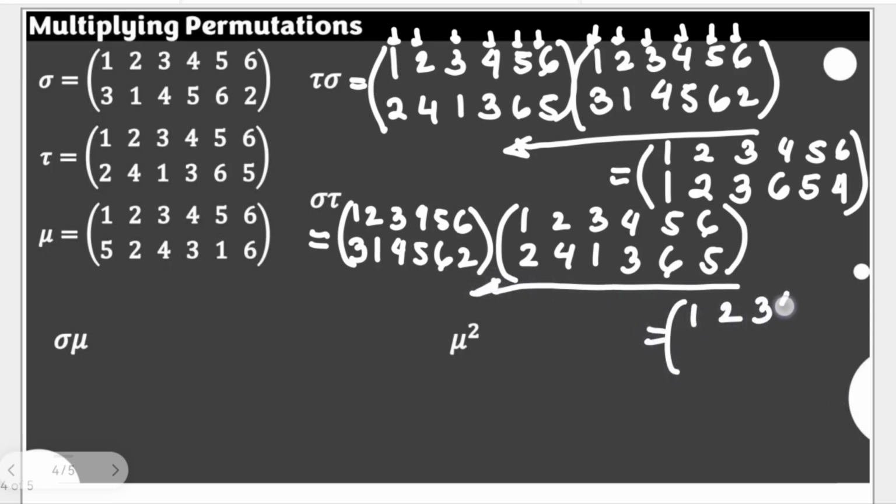From right to left, 1 is mapped to 2, 2 is mapped to 1. Next, 2 is mapped to 4, 4 is mapped to 5. And just for this second mapping, as you can see, it is not the same as the first. So we cannot say that automatically, in a product of permutations, commutativity will hold.